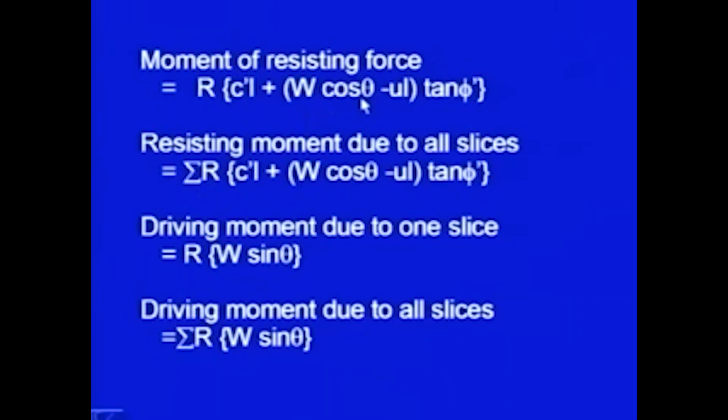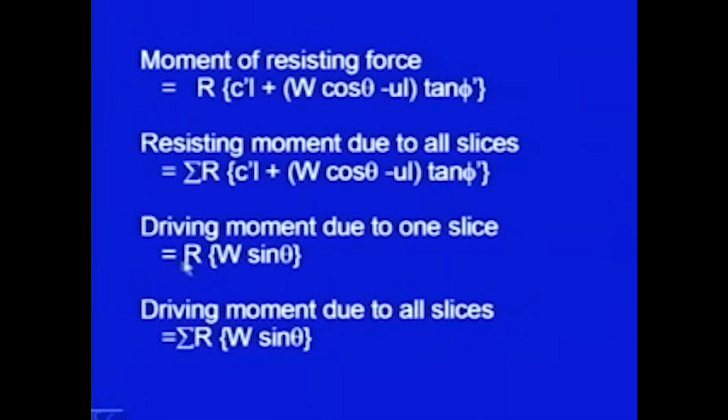In fact, here theta being taken negative or positive is not going to matter, but it will affect our next point. So, this was the resisting moment. Now, let us calculate the driving moment. The other component, W sin theta, is the component of the weight which is acting tangentially to the failure plane.